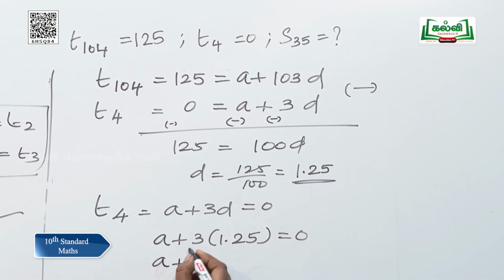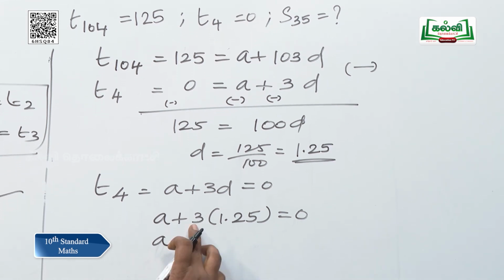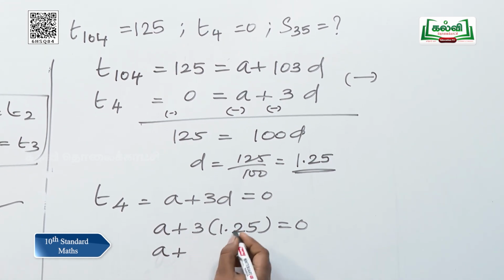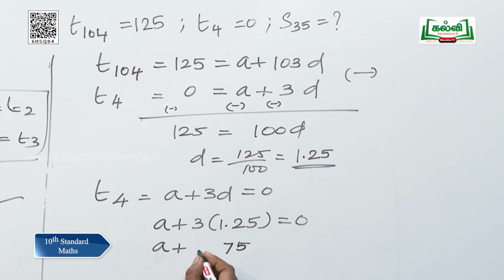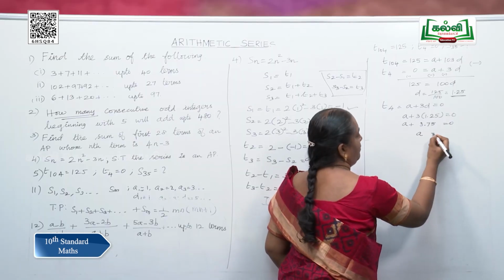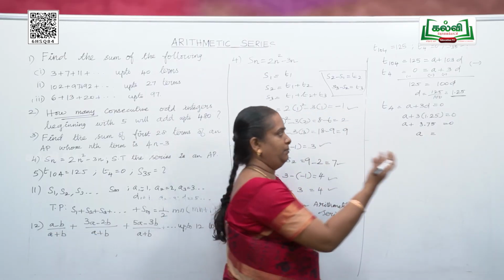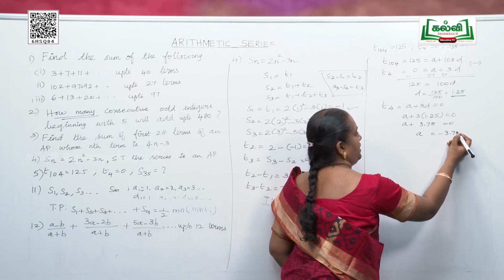So A plus, multiply these two, 3 5s are 15, 3 2s are 6, so 3 1s are 3, so 3.75 is equal to 0. So A is equal to minus 3.75.